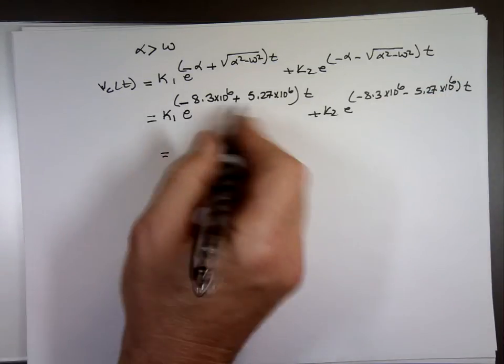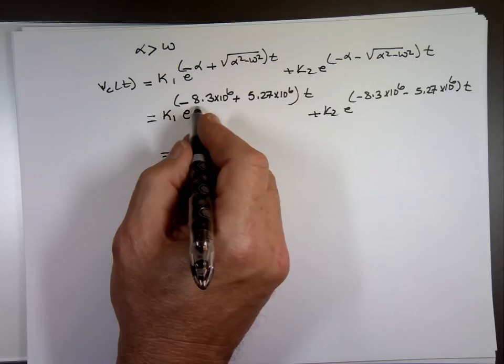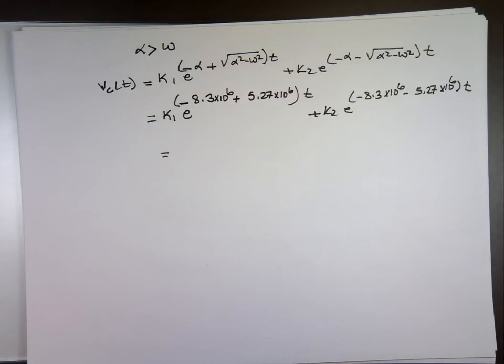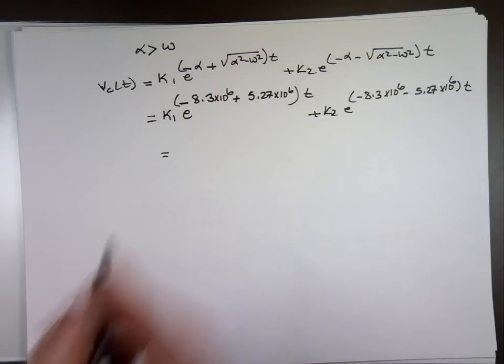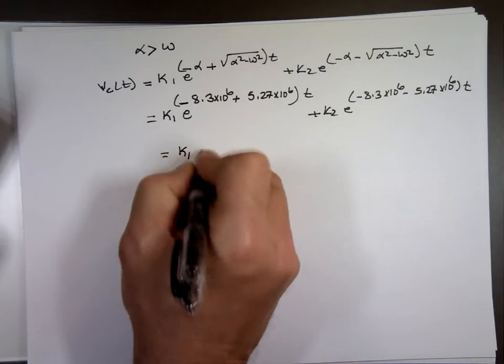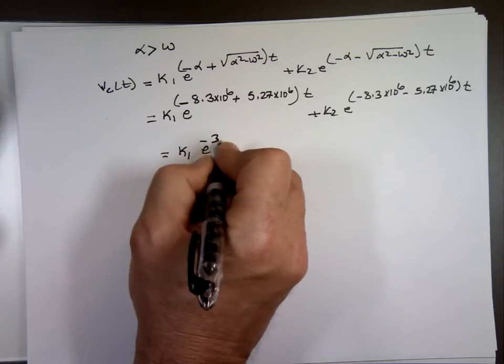8.3, 5.3, that's roughly what? Negative 8.3 plus 5.3, K1 e to the negative 3 million, roughly.